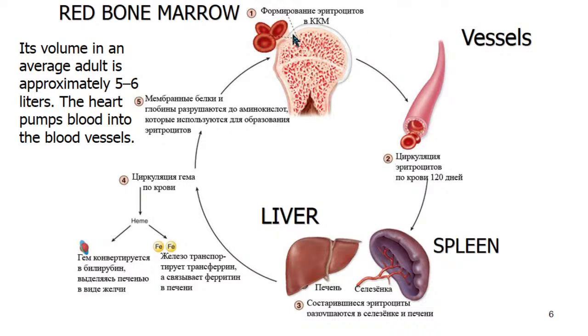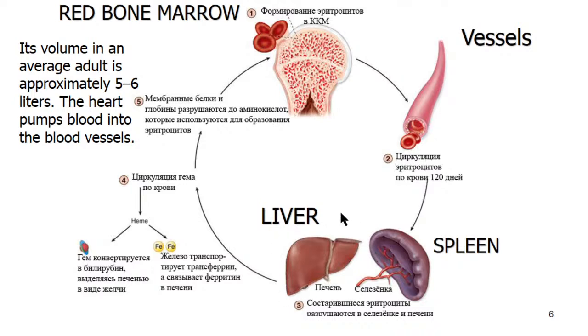In the adult human organism, the volume of blood is on average 5-6 liters. The heart pumps the blood into the blood vessels. The red bone marrow generates a new population of blood cells, all types of blood cells.